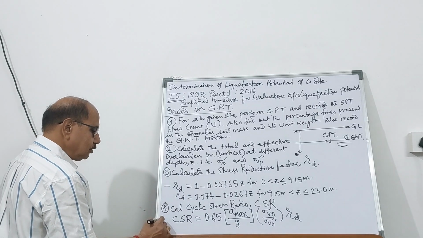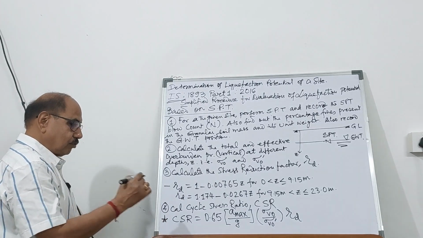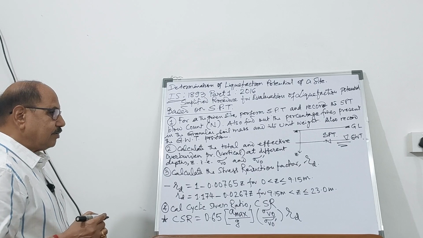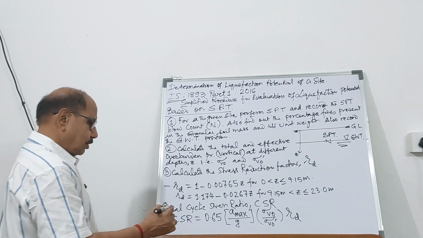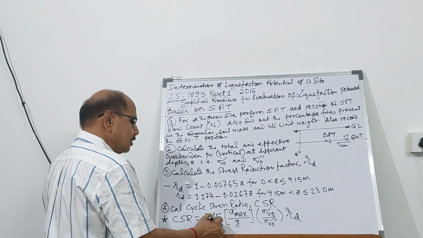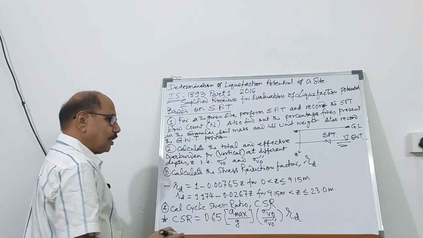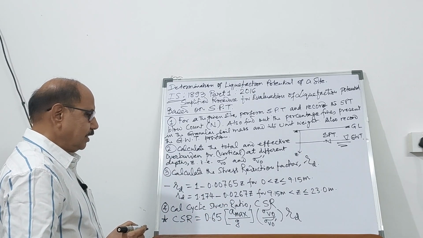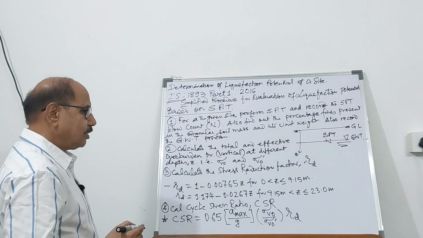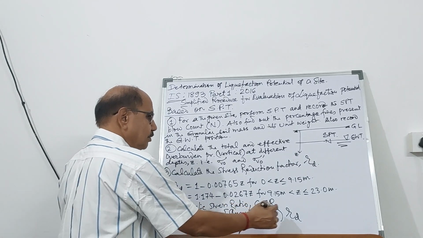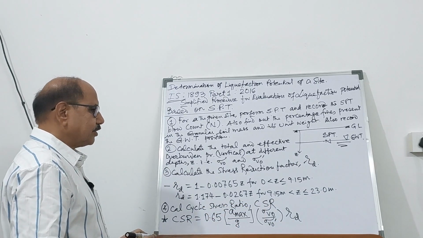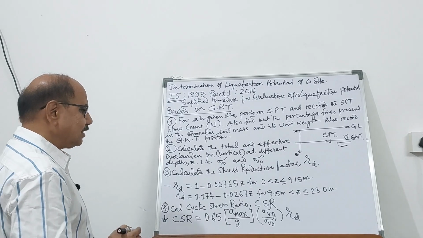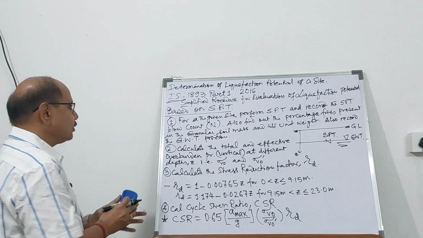So this is very important. Calculate CSR, and very simple. It is 0.65 into A max upon G into sigma V naught divided by sigma V naught prime into stress reduction factor, where A max is peak ground acceleration.